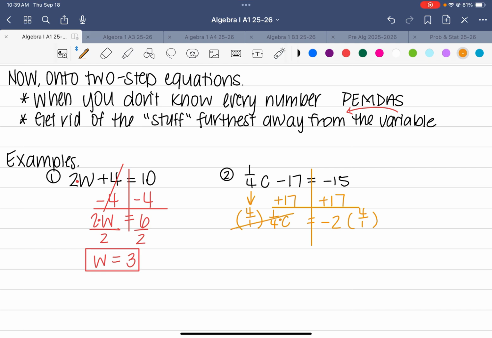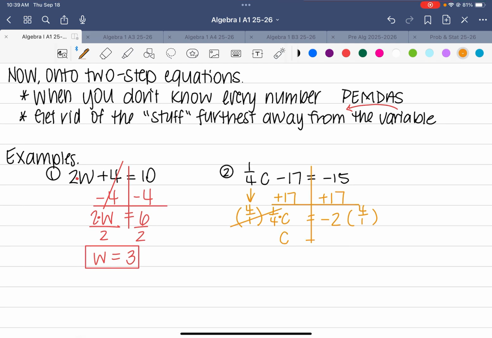When I do this, these go away. I'm left with c equals, this is actually supposed to be a positive 2. What is 2 times 4/1? You should have a calculator. 2 times 4/1 is 8. c equal to 8 is my answer in this problem.